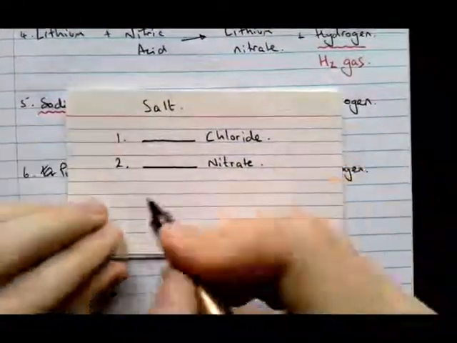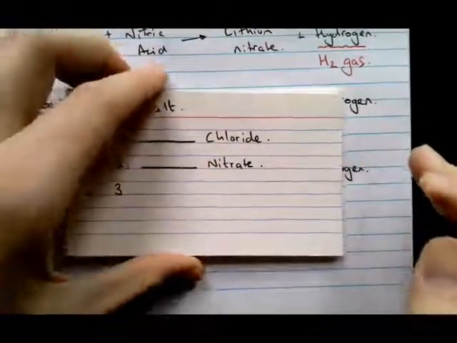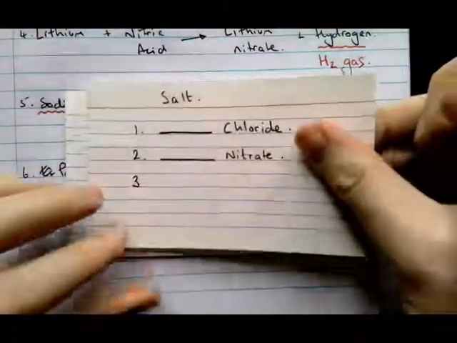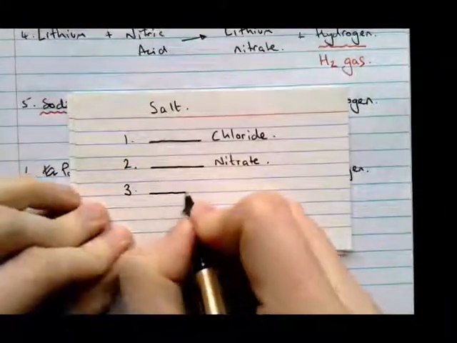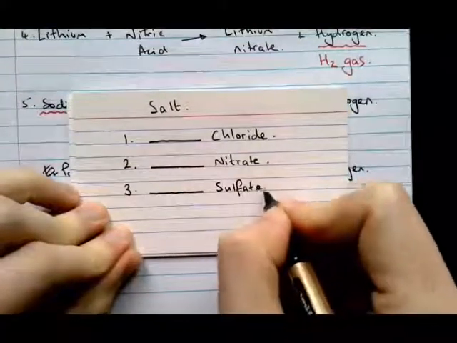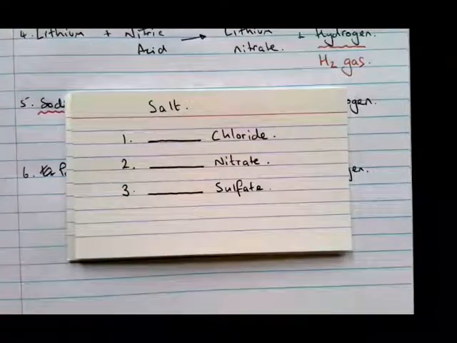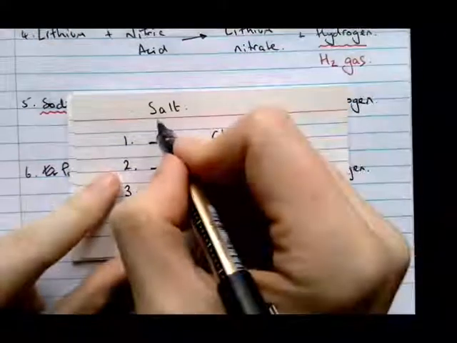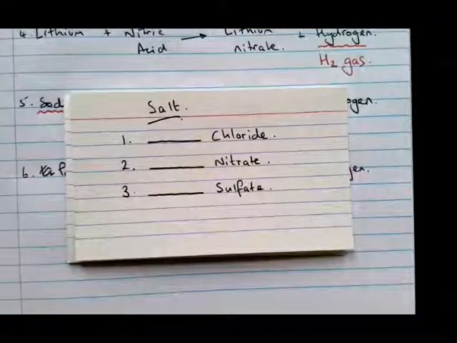And our third acid was sulfuric acid, so the third one is going to be something sulfate. Make sure you make yourself those and that you use them, test yourself using them, get someone else to test you.